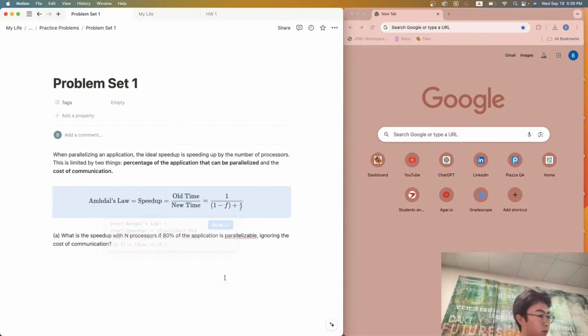So this is equal to, essentially your old time is the portion of our application that can be parallelized, which is F. This is 80% plus the speed up, or I guess the amount of time our application has been processed.